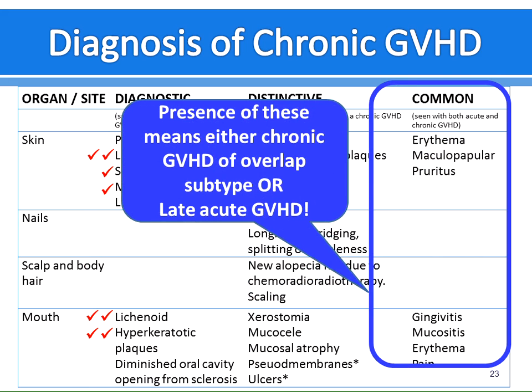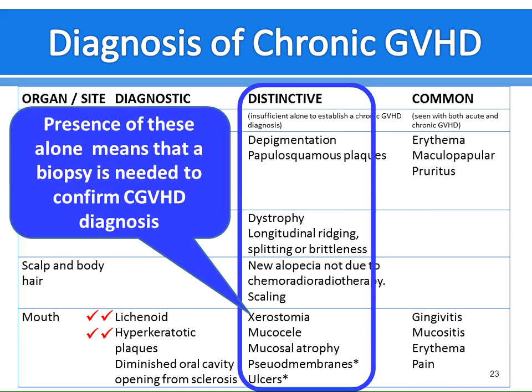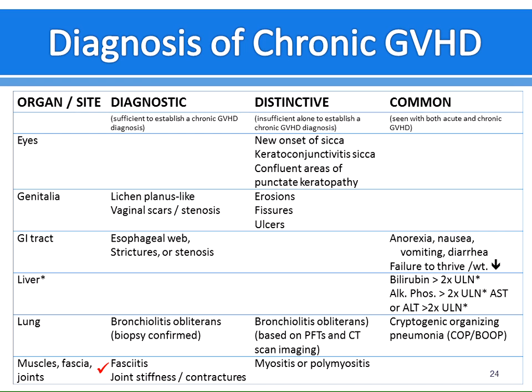So a patient with these symptoms either has chronic GVHD or the overlap syndrome, if you've otherwise made the diagnosis of chronic GVHD, or if you haven't been able to make the diagnosis of chronic GVHD, then it's late acute. The ones in the middle are the distinctive manifestations, and you need a biopsy with the current classification schema to confirm the chronic GVHD diagnosis. And all of these lists are in the Filipovich paper 2005 that I referred to in the earlier slide.